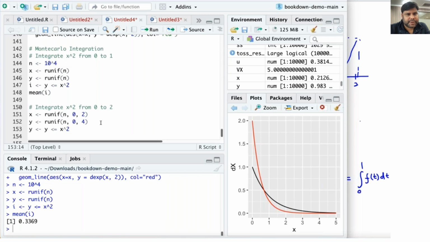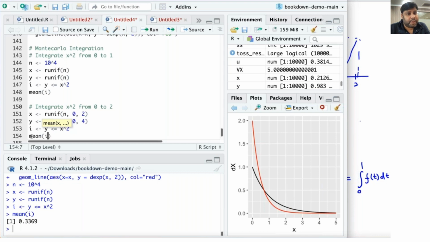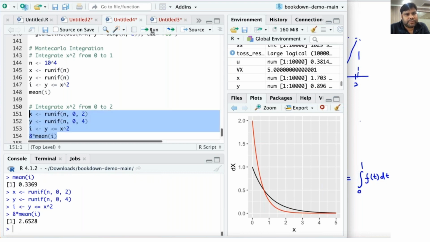Let's call this I. Now we take the mean of I, that's the estimate of the probability with which the point lies below the curve. So that means it's the proportion of area that falls below the curve. If you want to find the total area, just multiply it by the total area of the rectangle, which is 8 times this. And we should get close to the actual value.